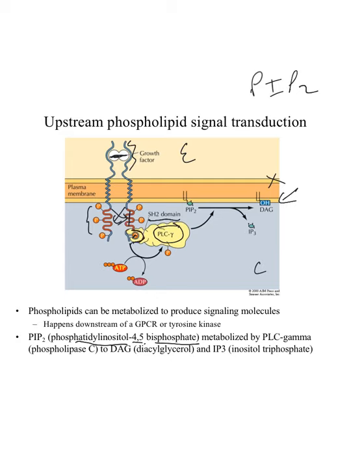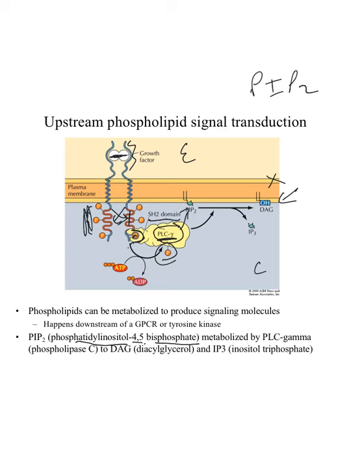So here's phospholipase C binding via its SH2 domain to a phosphorylated tyrosine on the receptor enzyme. And of course what that does is it puts substrate in proximity to kinase. And you can see how phosphorylation of phospholipase C occurs after binding to the receptor. So now phospholipase C is on, and it's in proximity to its substrate.